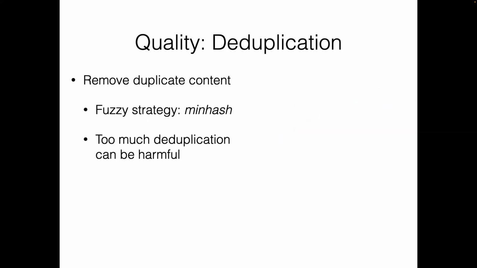The basic idea is that there's a lot of repetition on the internet, but you have to be careful not to deduplicate too much. You could imagine an extreme example where, if you're deduplicating at the sentence level, then you might discard whole pages that are actually a bit different.